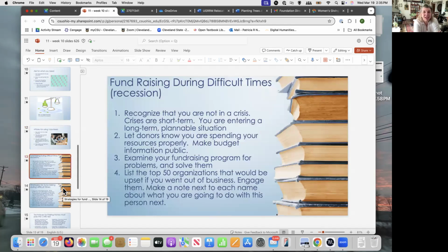Fundraising during difficult times. Difficult times are occurring. Difficult times will continue to occur. I don't know any organization that's fully funded by one stream of income. And most organizations don't want to be funded by one stream of income, for exactly the reason that we see when income is cut off.